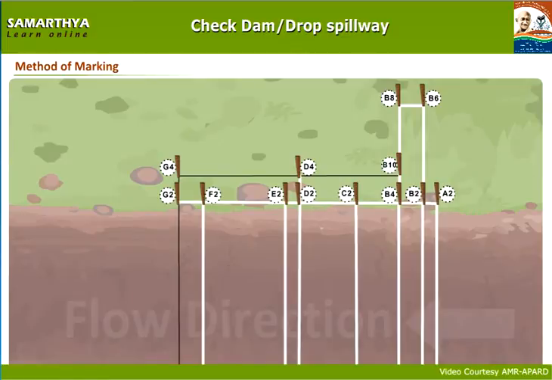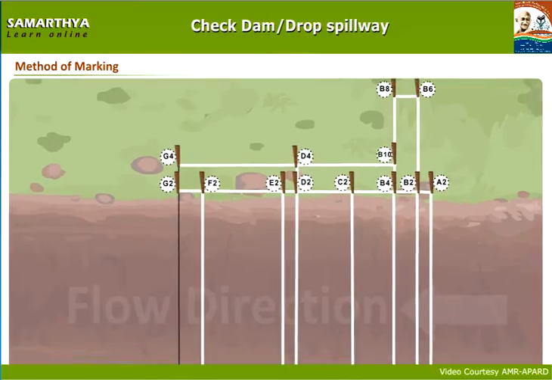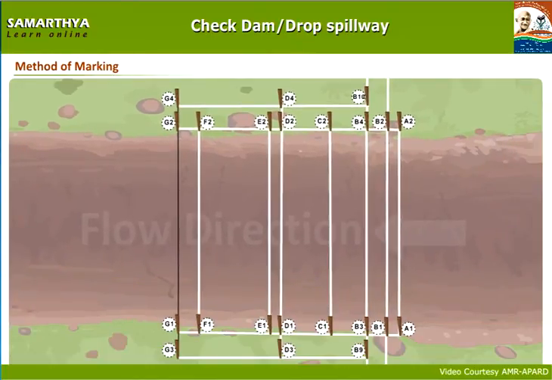Draw a line with lime powder on the thread that tied B10, D4, G4 wooden poles. Draw a line with lime powder on the thread that tied G4, G2, G1, G3 wooden poles.